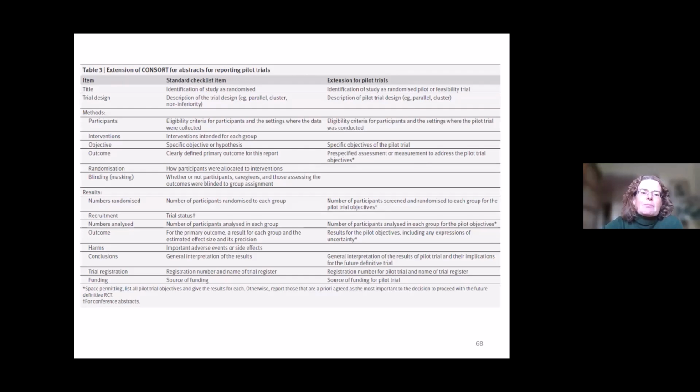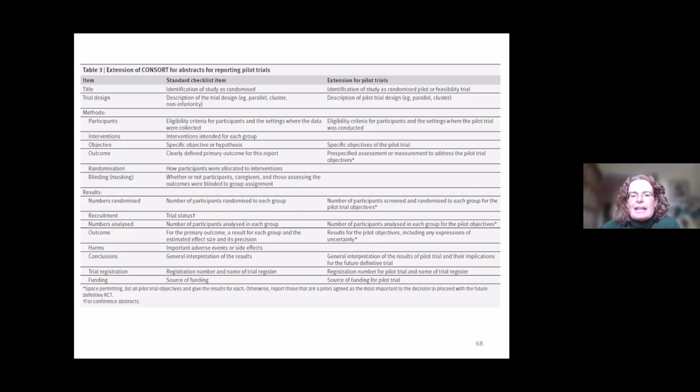Whereas for a main trial, we're talking about primary outcomes for a trial, what we're really talking about here in terms of a pilot and feasibility study is the pre-specified assessments and measurements to address those objectives. And then as we go further down, if we look at the results for a main trial, we're looking at the number of participants randomized, whereas in an extension for an abstract for a pilot study, we're looking at the number of participants screened and randomized for each of the pilot study objectives.